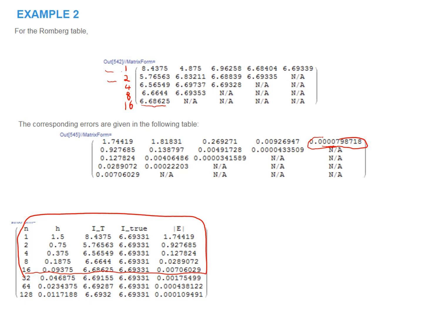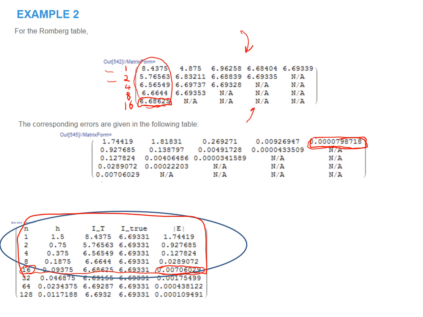Now I want you to compare this number, which is the accuracy if I simply use 16 trapezoids, with this number, where I use 16 trapezoids but use all this previous information to generate the Romberg's table, which can then be used to give me this number, which is much more accurate in comparison to just this number straight from using the trapezoid rule.